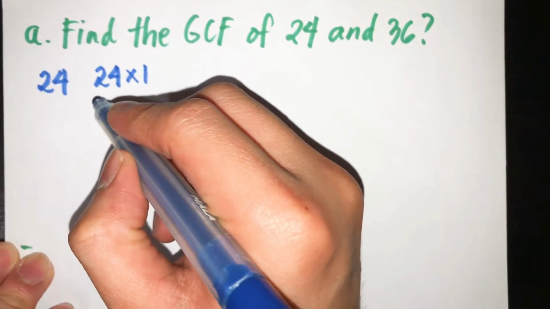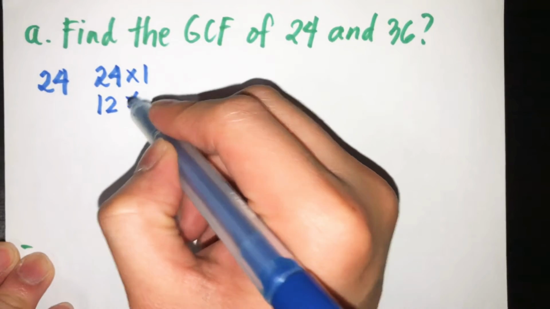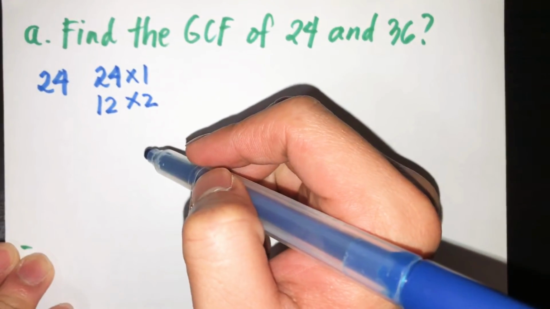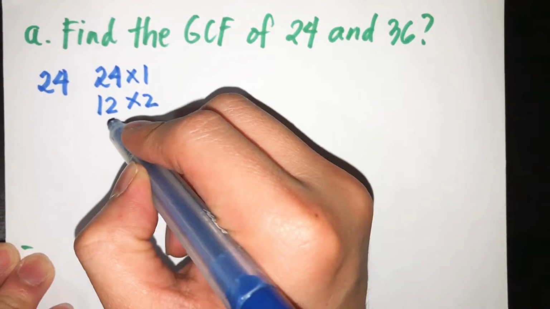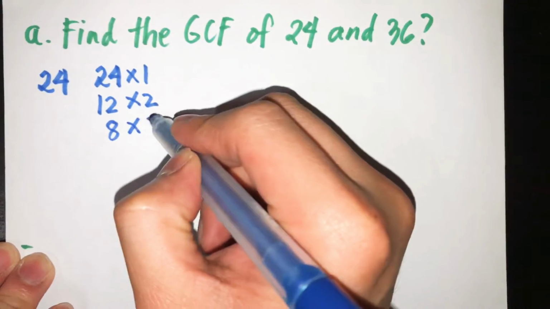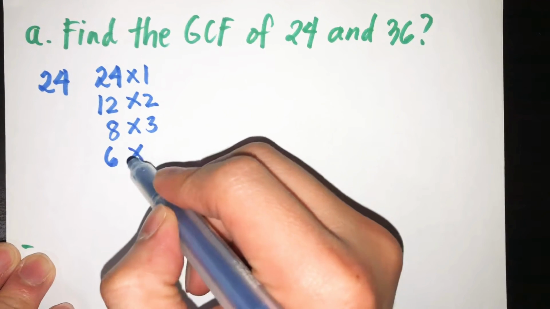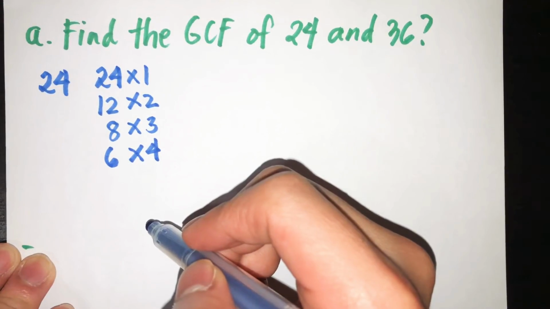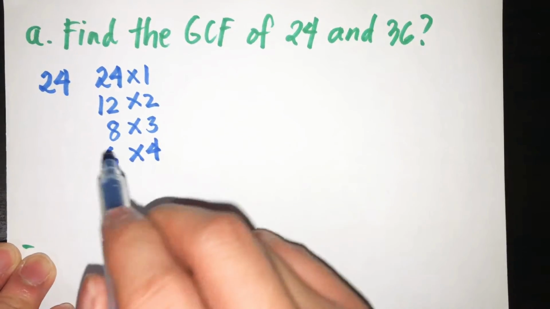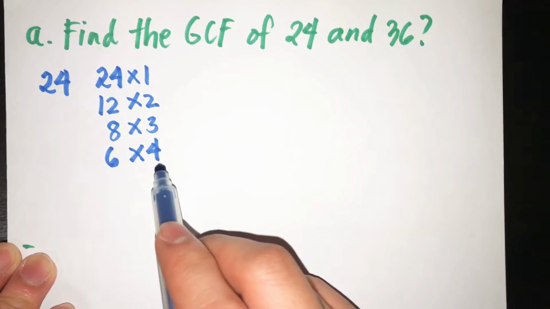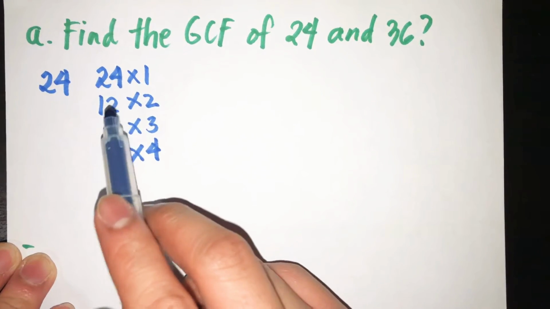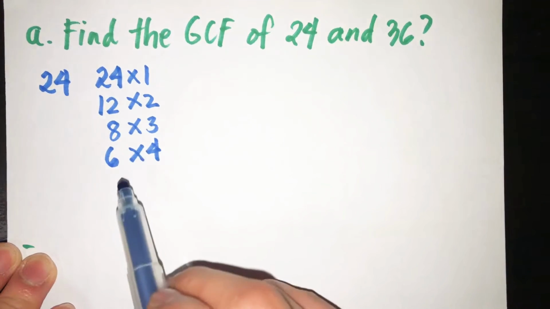We can also have 12 times 2, then 8 times 3, then 6 times 4. And reverse, so we can have also 4 times 6, 3 times 8, 2 times 12, and 1 times 24.